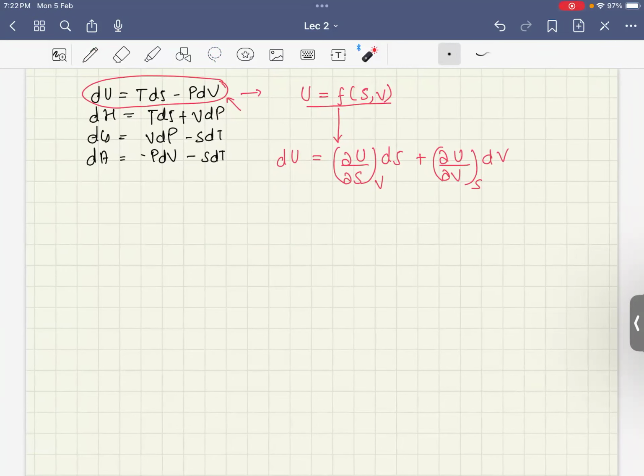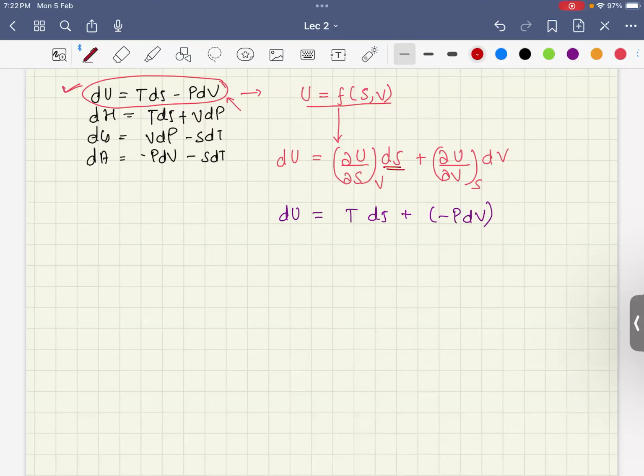Then du is whatever distance we travel in the s direction plus whatever distance we travel in the v direction. But from this expression we also know that du is equal to T ds minus p dv.